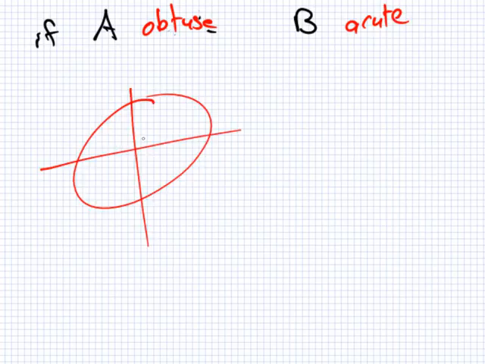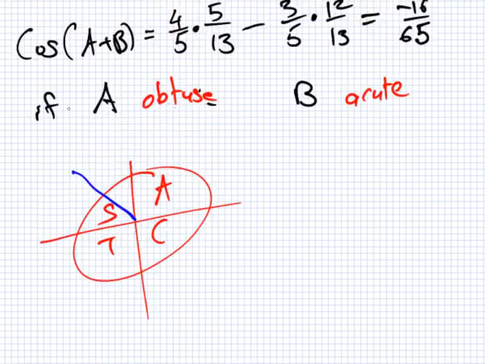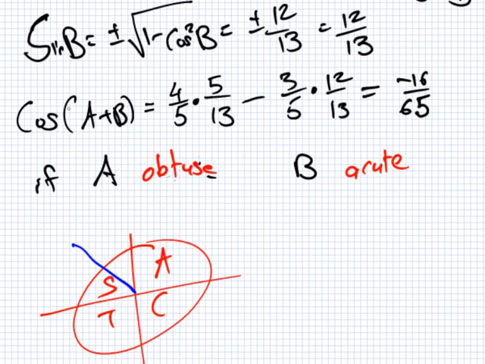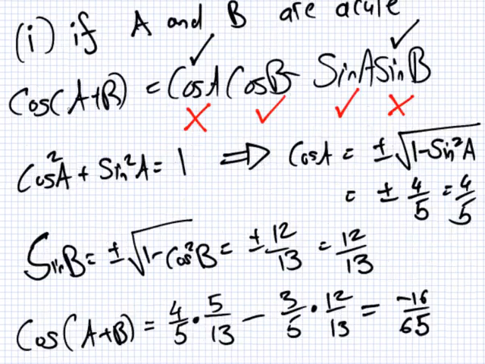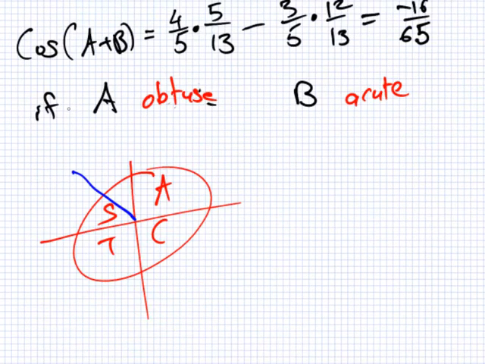Right, so A is obtuse. So where is angle A if it's obtuse? The second one. Now only sine is positive there. So sine A is positive. So we're cool with that. And B is acute, so B must be here.